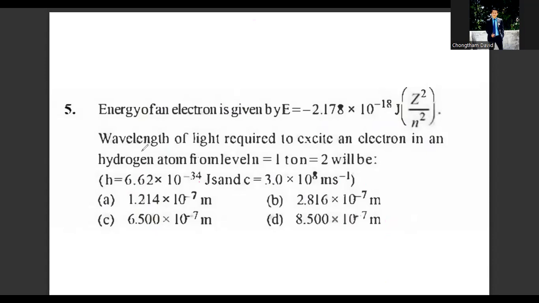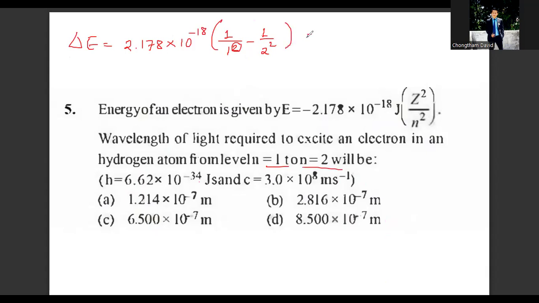So consider the relationship delta E equals to 2.178 into 10 to the power minus 18. Now you can take 1 by, if I consider this as principal quantum number 1 to 2, it jumps. So it gives you 1 by 2 square. This is square, okay, not 12.